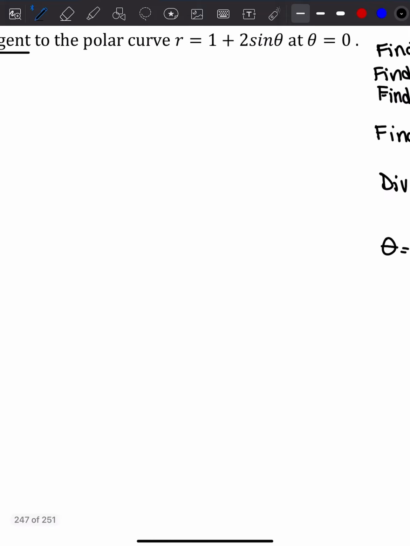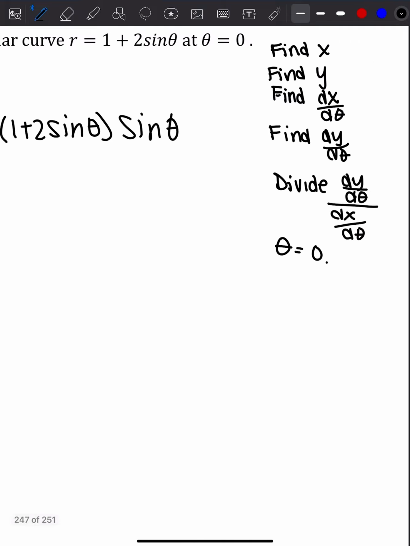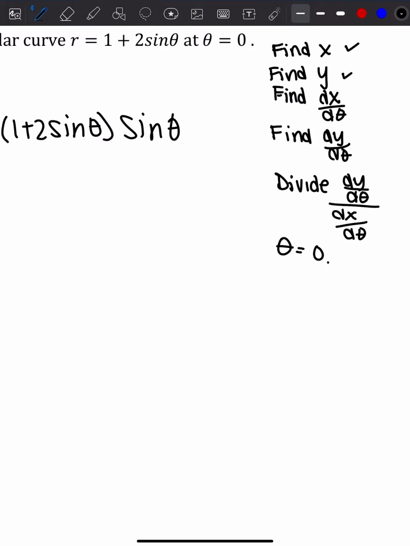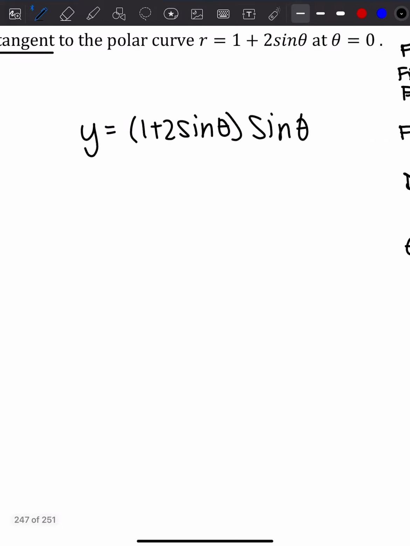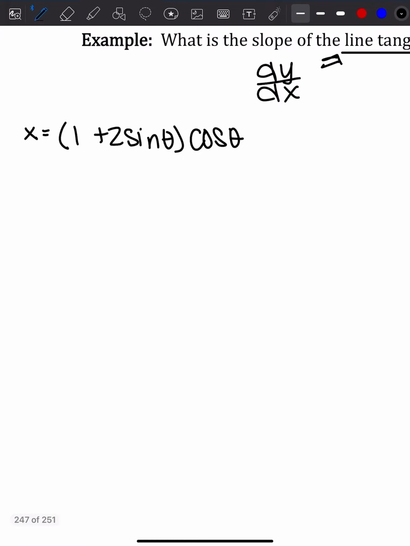We also know y is going to be 1 plus 2 sine theta times sine. So we have found x, we have found y. So we're good on this one, we're good on that one. So now we need to find the derivatives of each of these. Both of these derivatives are going to include product rule because of the fact that we have 2 sine theta times a cosine, or 2 sine theta times sine.